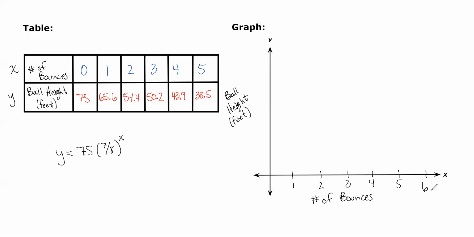Now on this one, we at least have to start at 75, right? So up here should be 75. I think if we go by tens here, we should be good. So let's go 10, 20, 30, 40, 50, 60, 70.